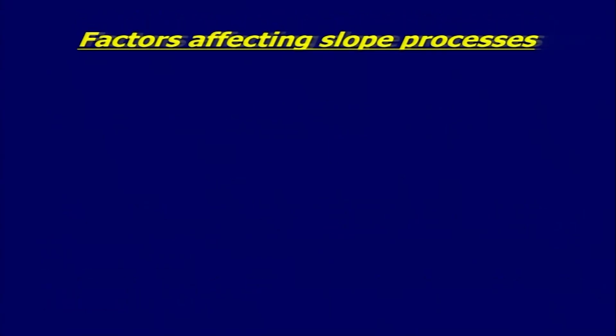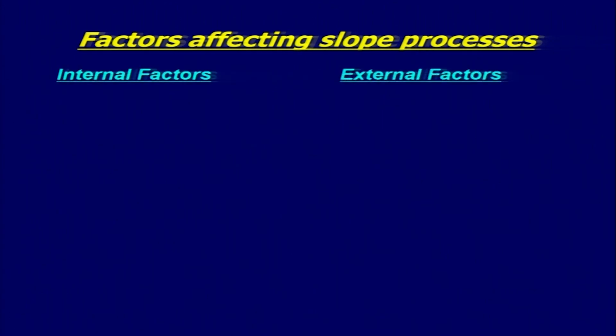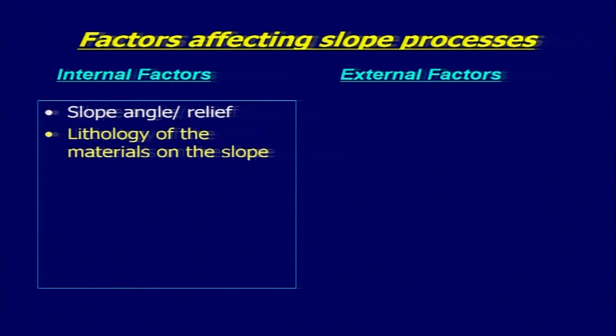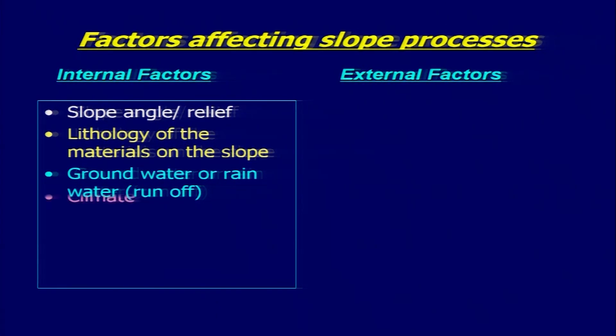Factors affecting slope processes are internal as well as external. The internal ones are slope angle, that is relief; lithology, that is the type of material sitting on the slope; groundwater condition, or the rainwater and runoff conditions in that area. Climate also plays an important role, because in humid or subhumid regions the chances of landslides increase.